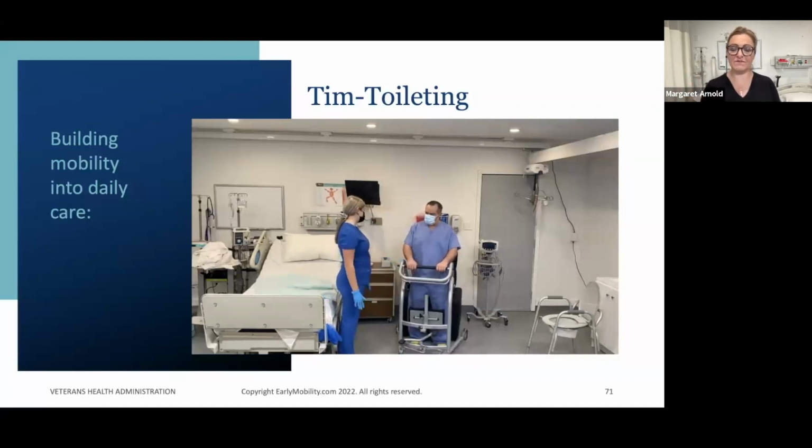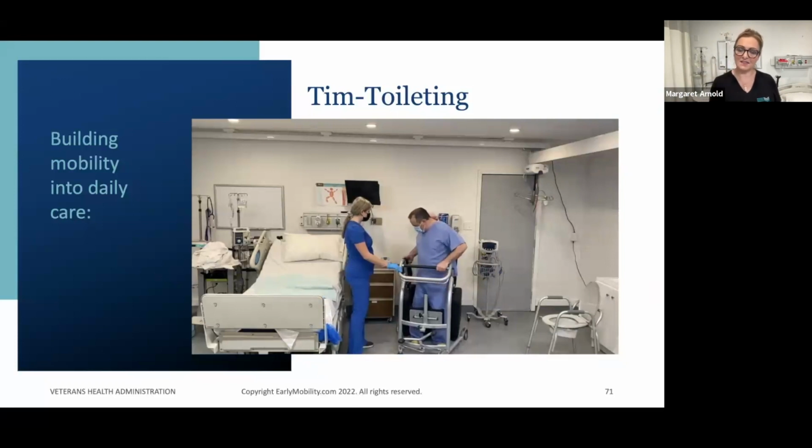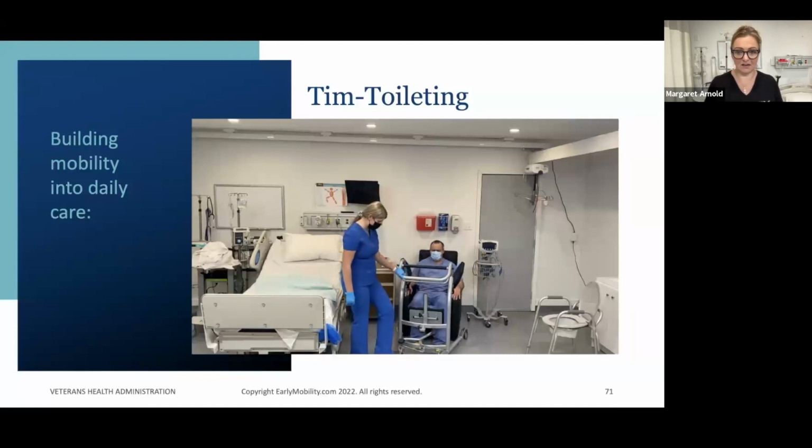Again, you might choose to have Tim do 5 sit-to-stands, little mini squats, while he's on that non-powered stand aid before he sits down, with hands, without hands. This is also mobility. All of these things you've seen are ways that you can build mobility into your daily care.